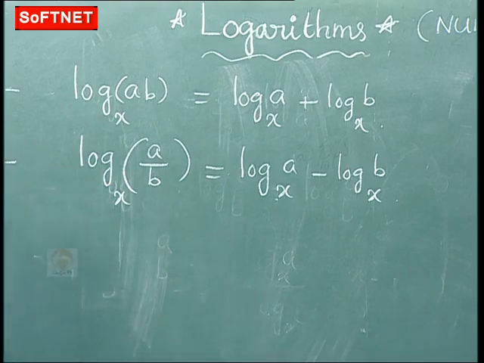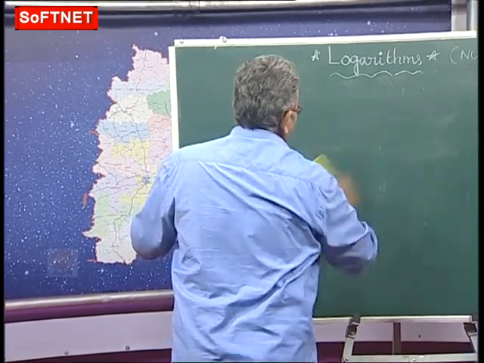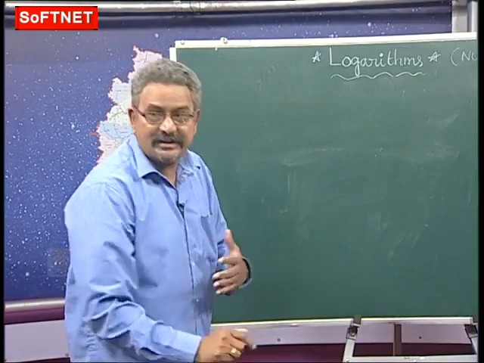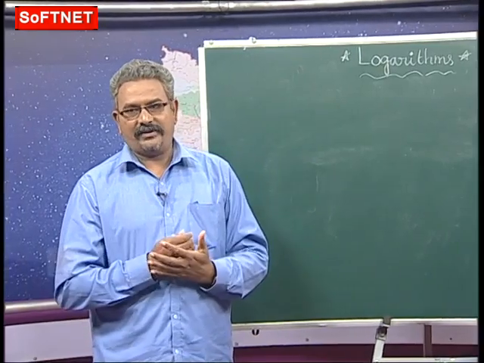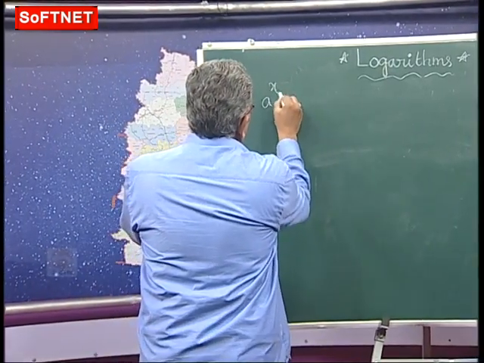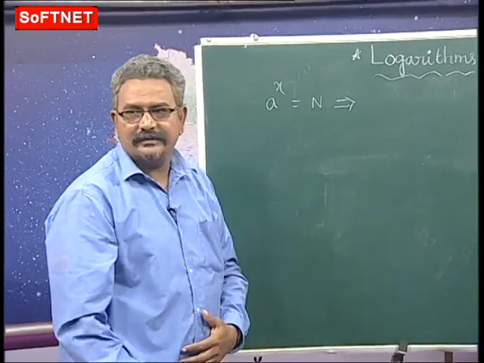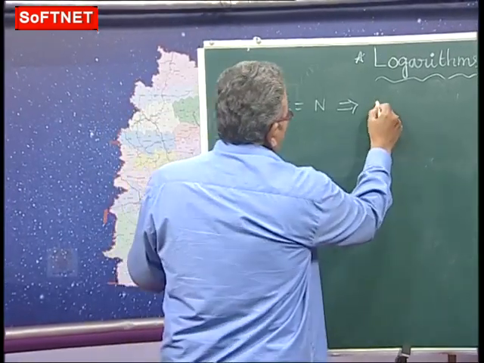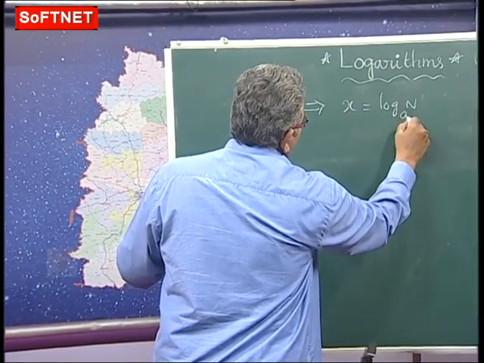Now let us see the nature of the base of the logarithmic function. Suppose we have discussed a power x is equal to n, that implies x is equal to log n to the base a.